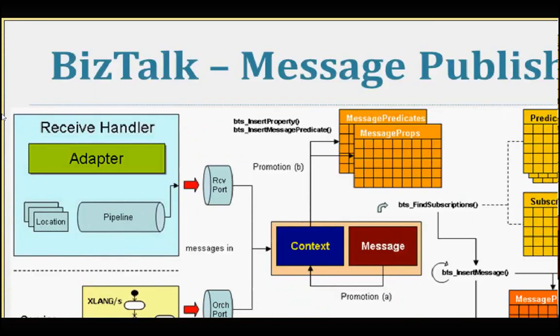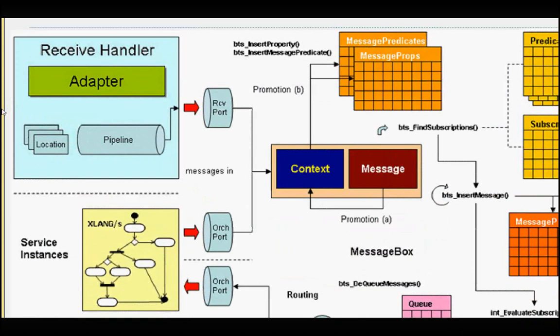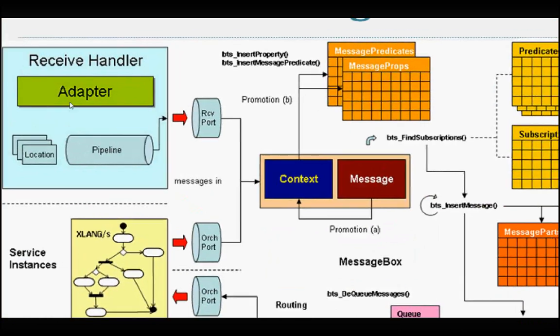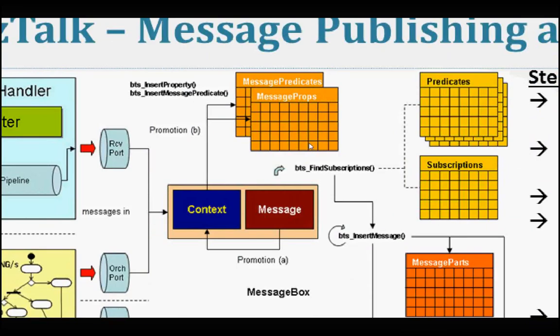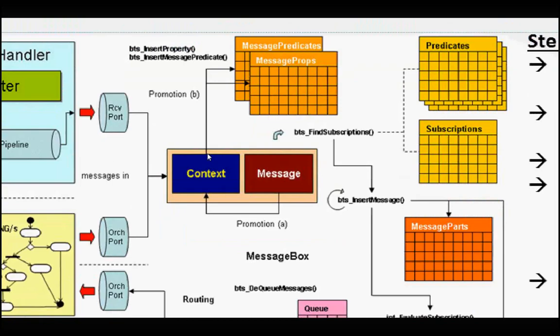So, the receive handler, which consists of adapter, location, and pipeline components. The message comes to the receive port. Then the message is created, constructed, and saved. The message is constructed as context and message.